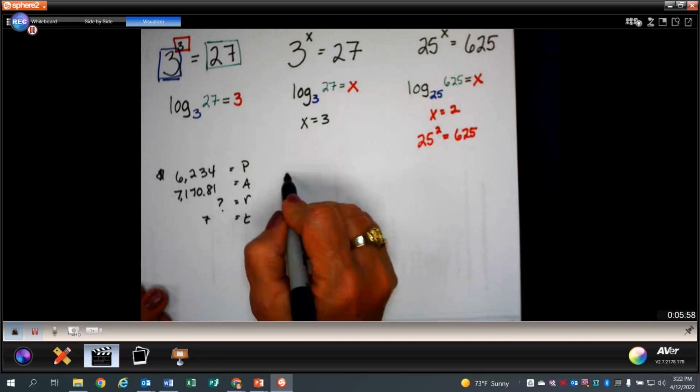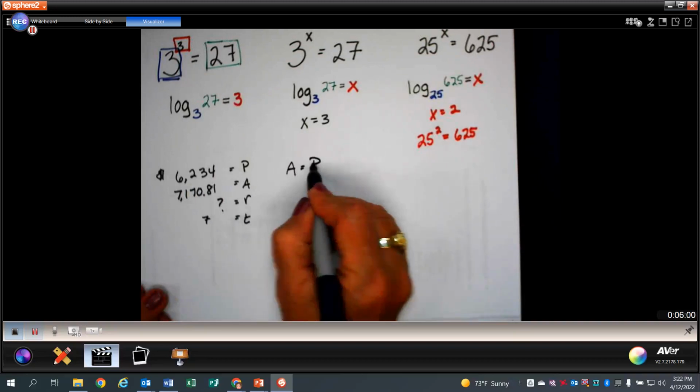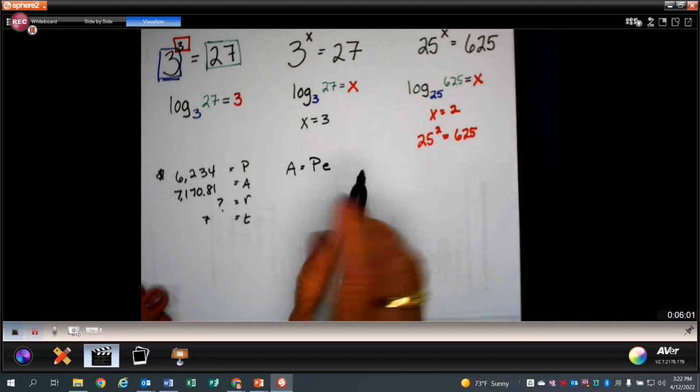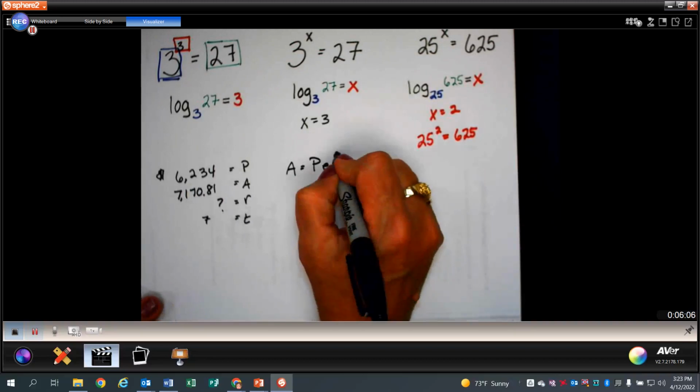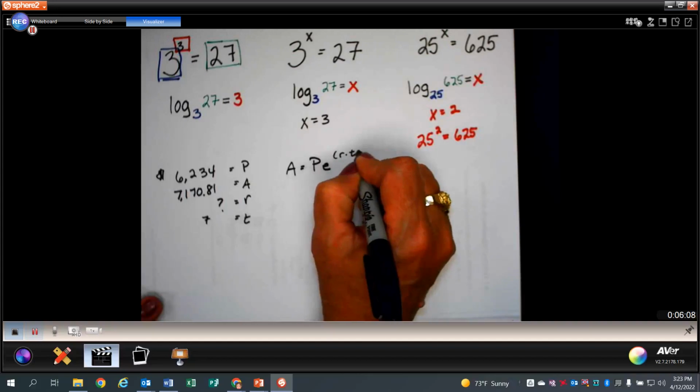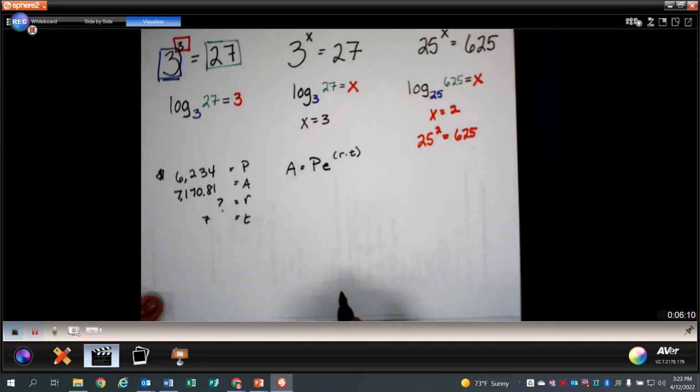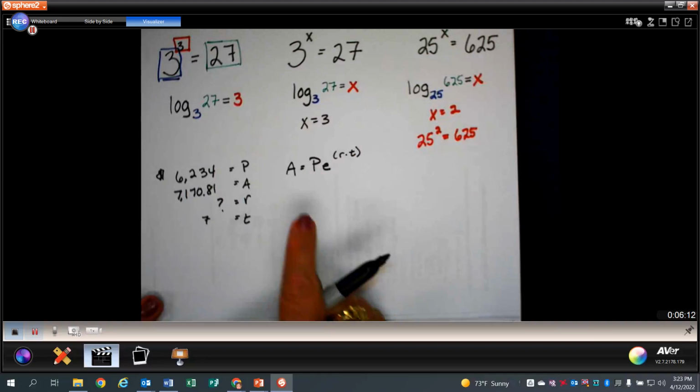We will be using the continuously compounding formula, which includes E, the natural number E, raised to the power of R times T. So let's go ahead and fill in with what we know.